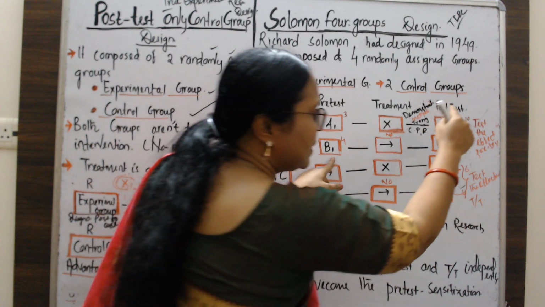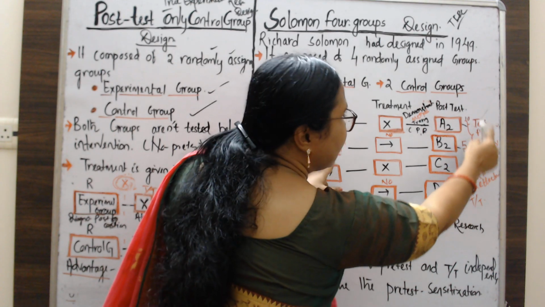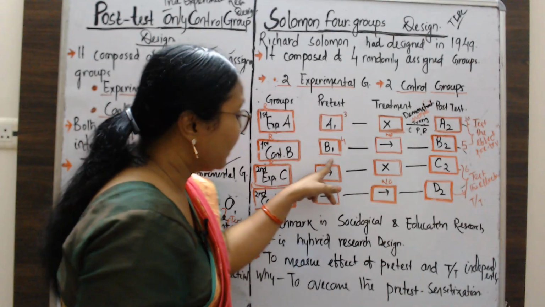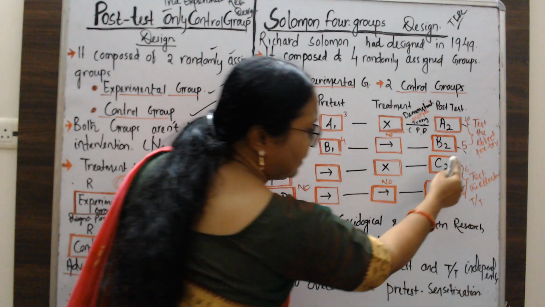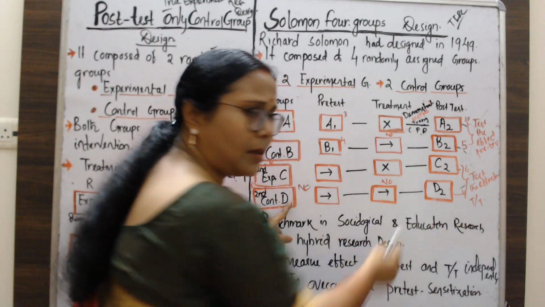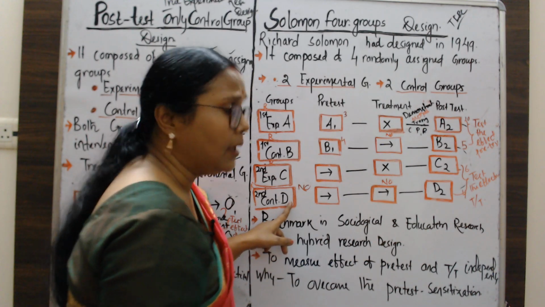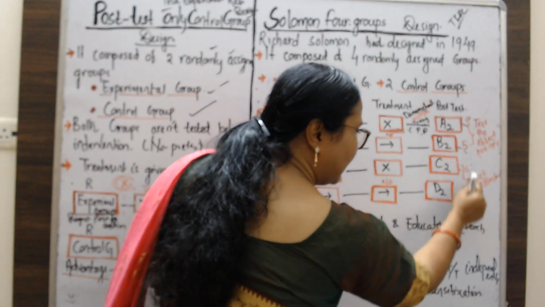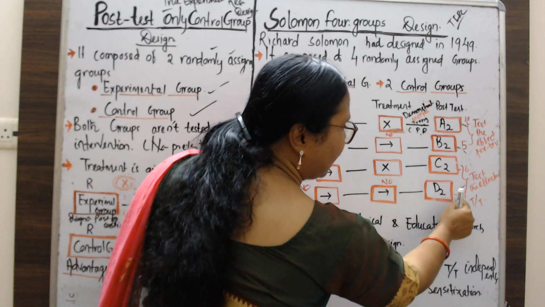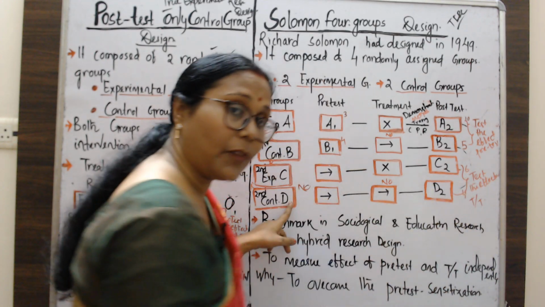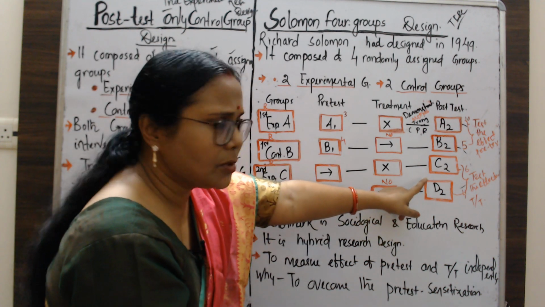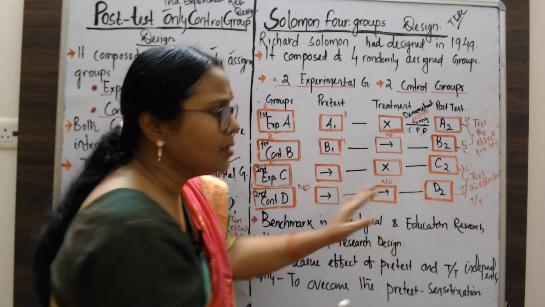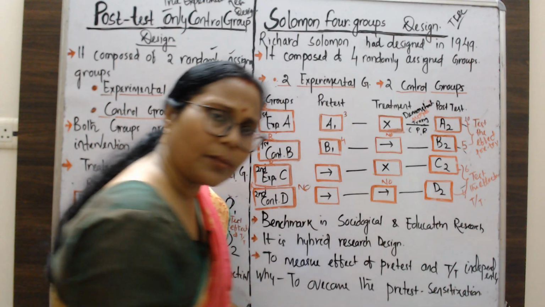So you measure the effect of the pre-test. In the second two groups, C and D, if you compare their results, C2 is greater than D2. By measuring this difference, we can test the effectiveness of the treatment, because no pre-test is there. The knowledge is due to the demonstration or the intervention, so we test the effectiveness of the treatment.